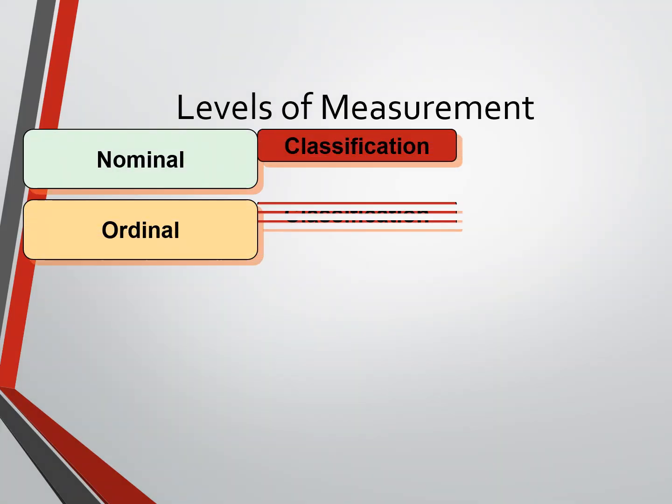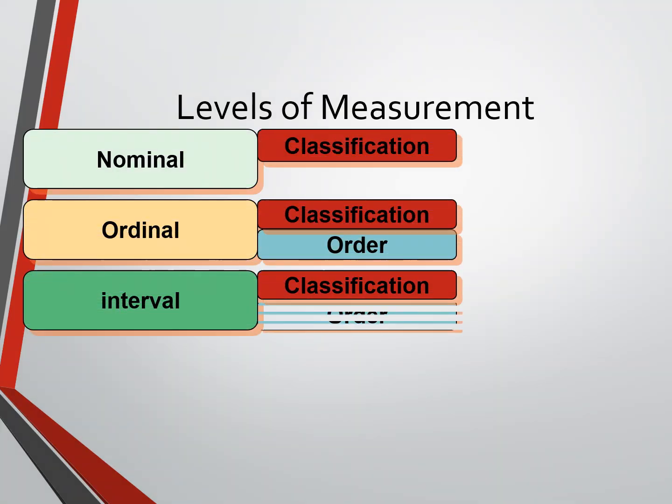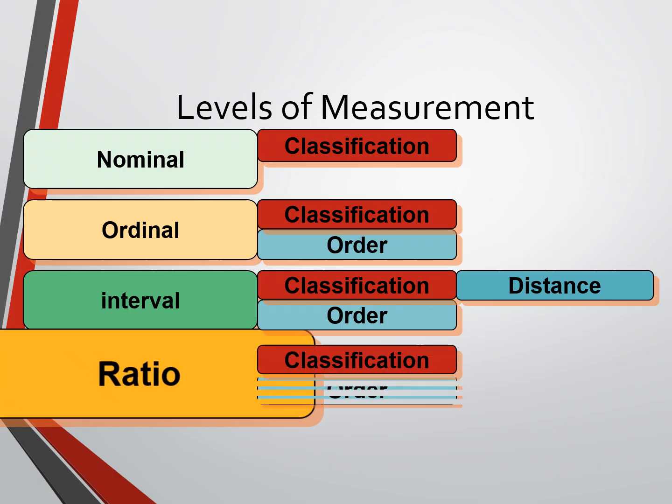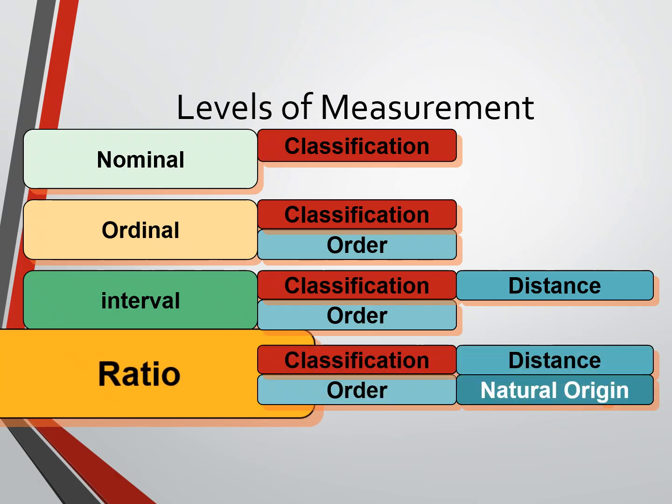The fourth type of measure is ratio. Now in the ratio, in addition to the three parameters, we are adding a fourth parameter, that is known as the natural origin. Natural origin means that there is a possibility that it may be indicated by zero also.